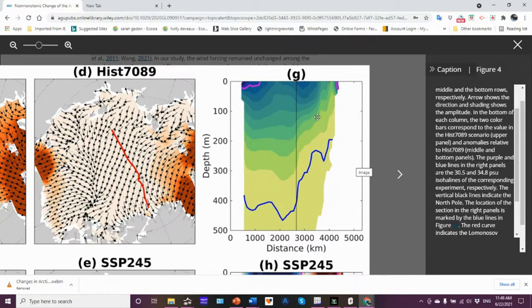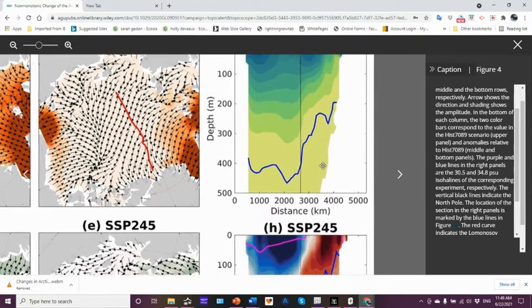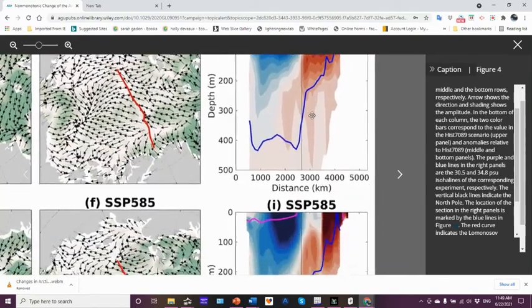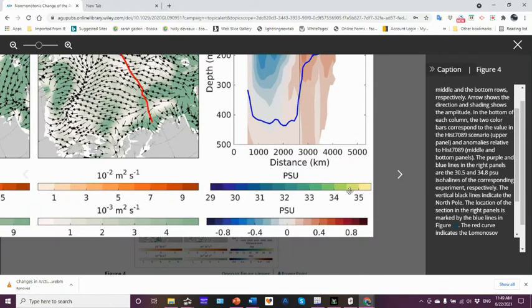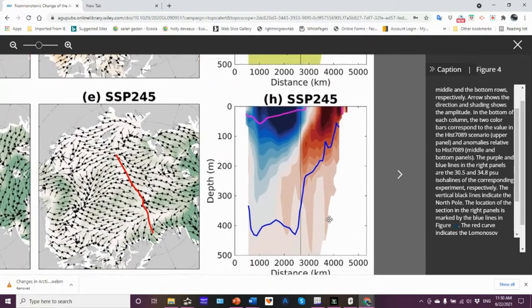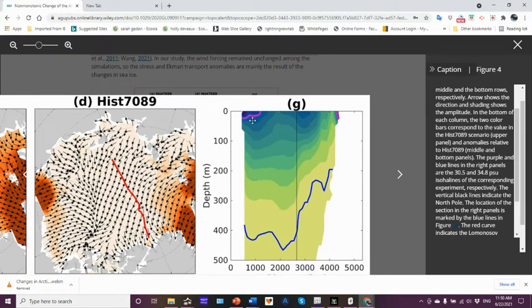Okay? So, what do we see looking at the transect? I'll get to H and I in a moment. When we look down the column here, the deep purple has a practical salinity of about 29. Then as you get to the green and the pale green and flesh color, it gets more saline. So when you look at this here, you can clearly see the influence of fresh water right here.